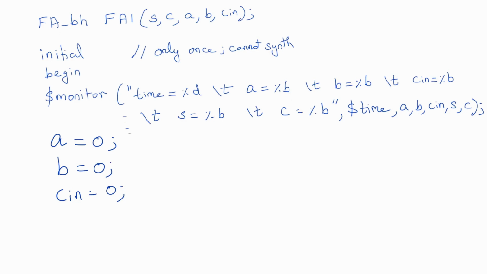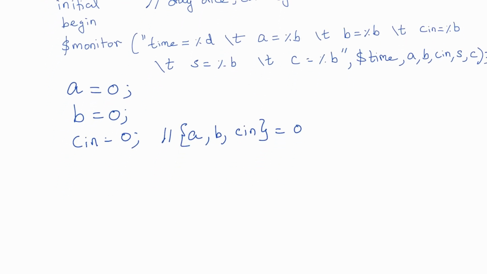So at time 0, all three of them are 0, right? Okay. So I'm going to increment time now. So we do it like this, hash, say 10. So this is 10 time units.